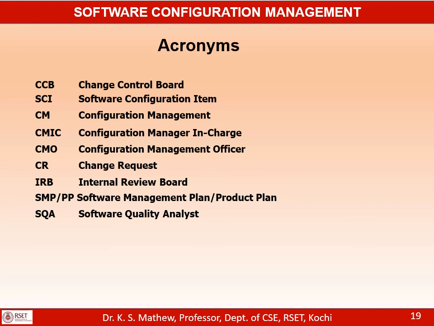So these are the various acronyms used in this presentation: CCB, change control board; CI, software configuration item; CM, configuration management; CMIC, configuration manager in charge; CMO, configuration management officer; CR, change request; IRB, internal review board; SMB; PP, software management plan or product plan; SQA, software quality assurance, quality analyst.